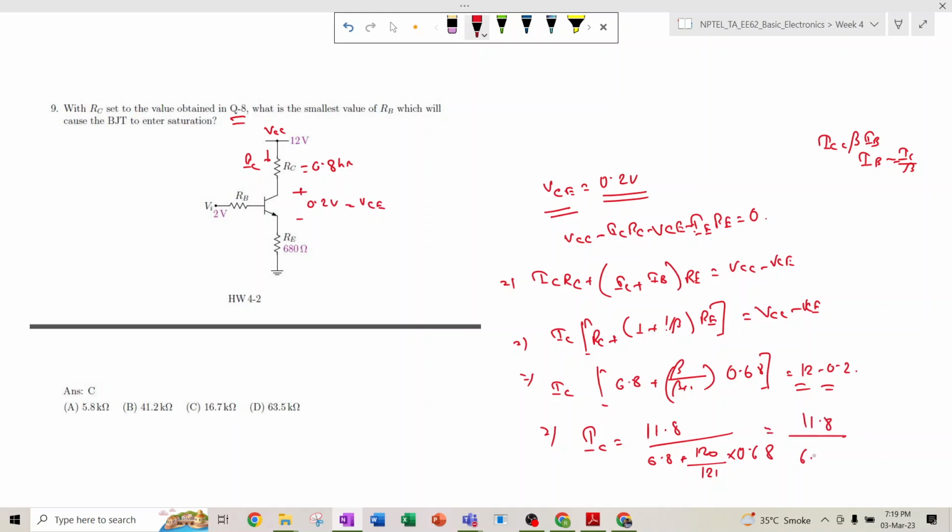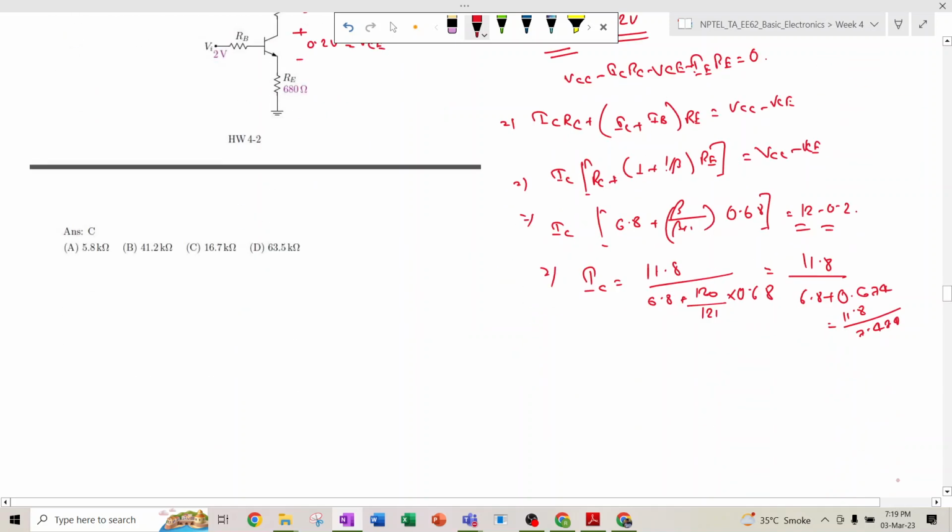Here 11.8 divided by 6.8 plus... so how much is it coming? This is 0.674. So that will come like 11.8 divided by 7.474, which results in the answer of 1.579 milliampere.